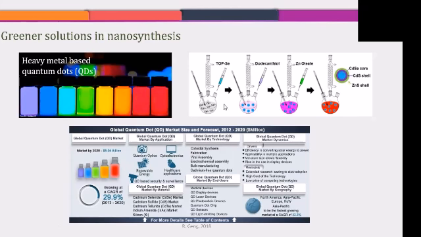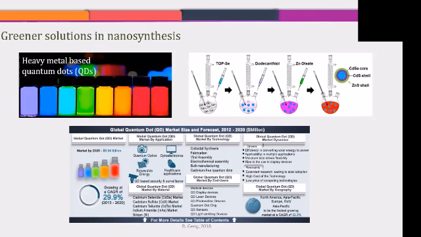You see that the global quantum dot market size in 2020 reached millions, $1 million. You see that from 2013 to 2020, the market grows 30%. Where are they using them? These quantum dot display devices, you may see the OLEDs, laser devices, photovoltaic devices, sensors, light emitting devices, anything anywhere.